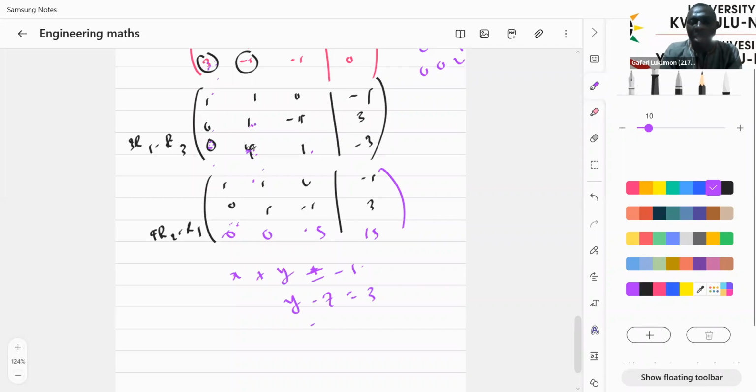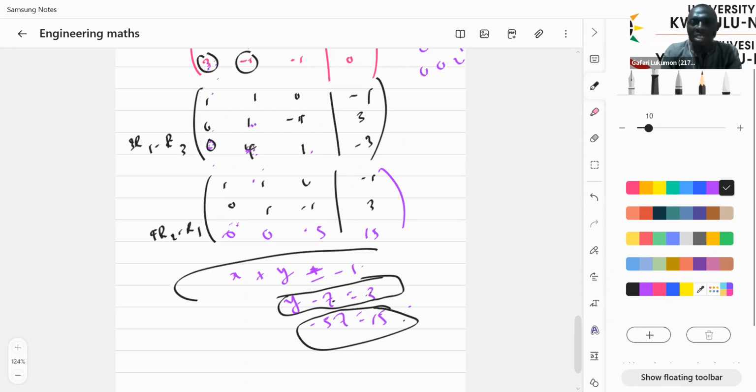And this is going to give me minus 5Z is equal to 15. The advantage is that from here, you can know the value of your Z. Once you know the value of Z, you substitute here to know the value of Y. Once you know the value of Y and Z, you can substitute here to know the value of X. That's what they are trying to say.